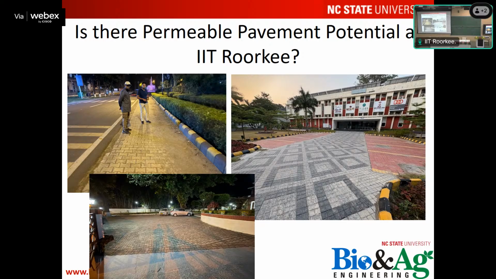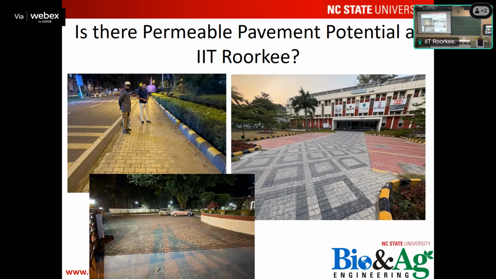A big reason for that is you already use segmental pavers. It's already part of the campus aesthetic. To convince people to have a permeable plaza, a permeable parking area that looks almost like what they currently have, my hunch is it wouldn't be that hard. Certainly from an aesthetic standpoint, it wouldn't be that hard.